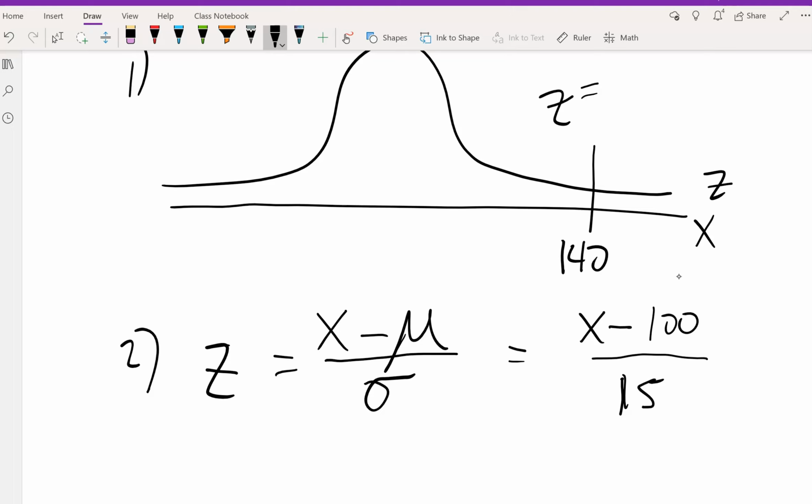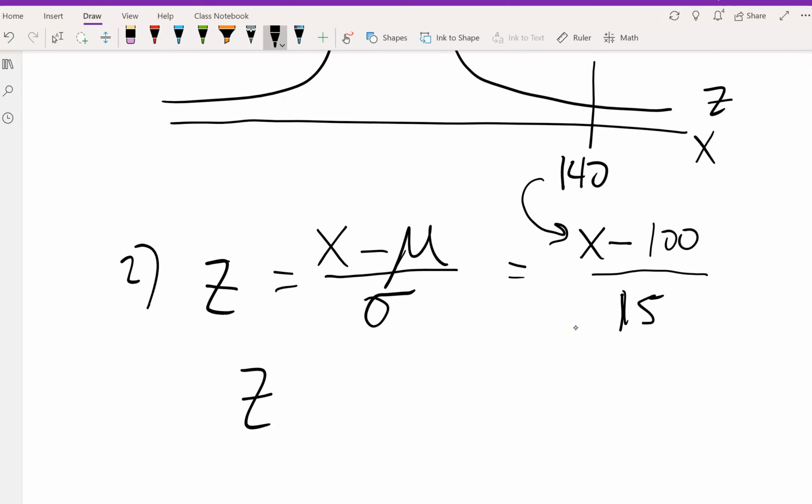All right, so here's my z-value or z transformation formula. I will plug 140 in and out will pop out. Well, it's going to be 140 minus 100, so that's 40 over 15. And so that's my z-value. And if I take 40 divided by 15, I get a whopping 2.67. And that's to be anticipated.